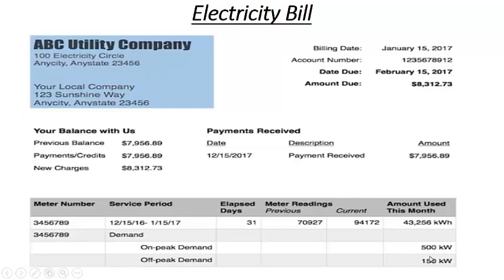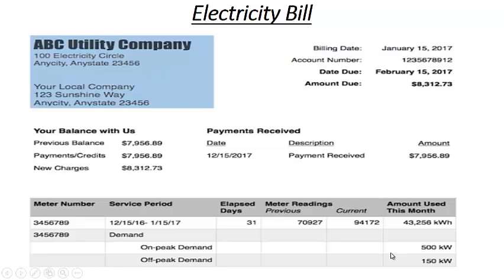And on-peak demand is 500 kilowatt and off-peak demand is 150 kilowatt. It means whenever there is peak demand on the utility, the maximum demand of the consumer is 500 kilowatt.